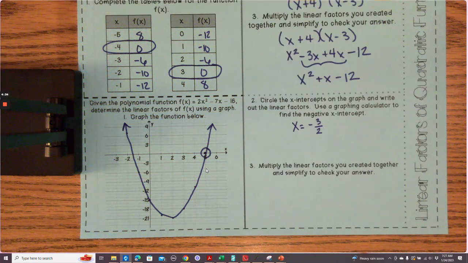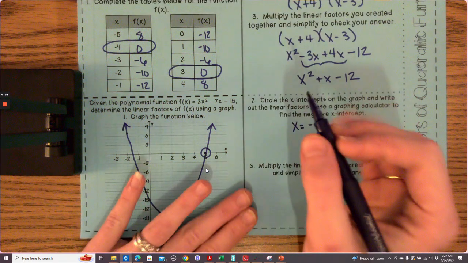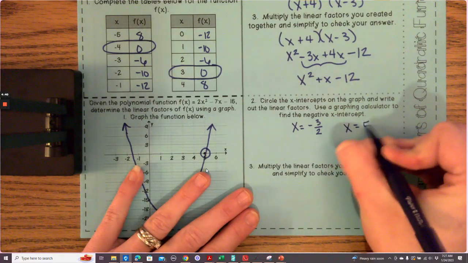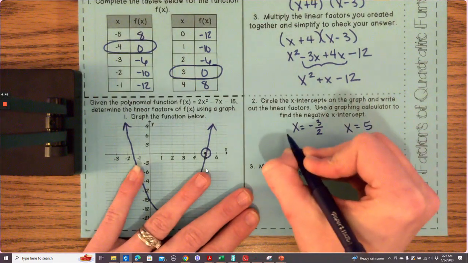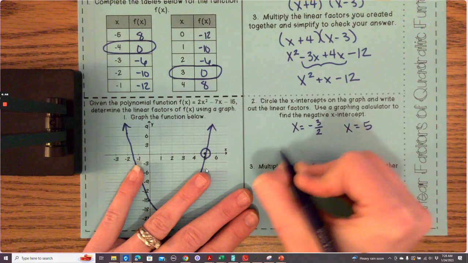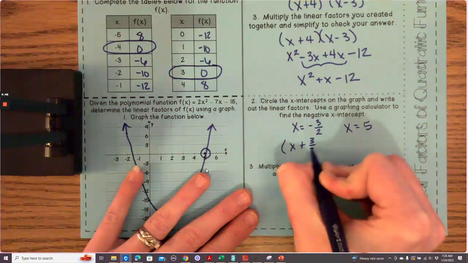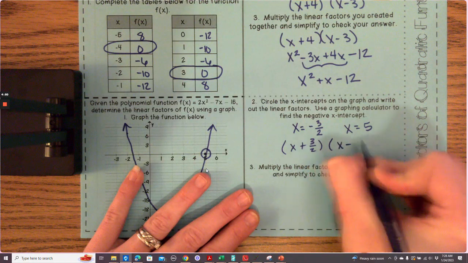But you do need it in fraction form. And then x equals 5 was the other one. Okay, so here are my two factors. So x plus 3 over 2 and x minus 5.